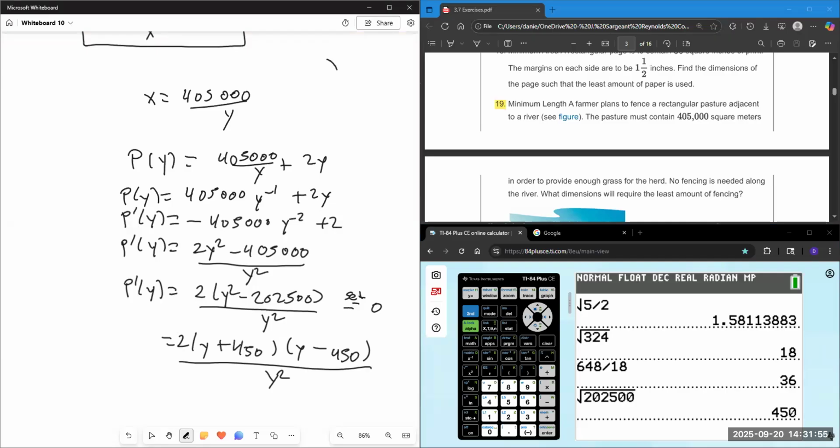Again, these need to be positive distances here, so the only answer that makes sense is y is 450 meters.